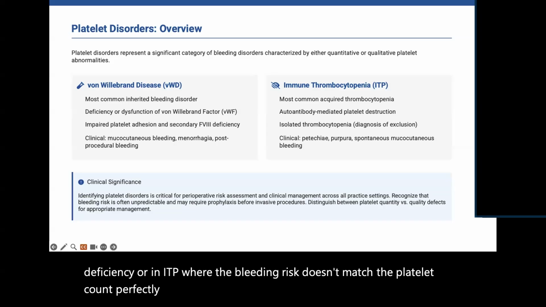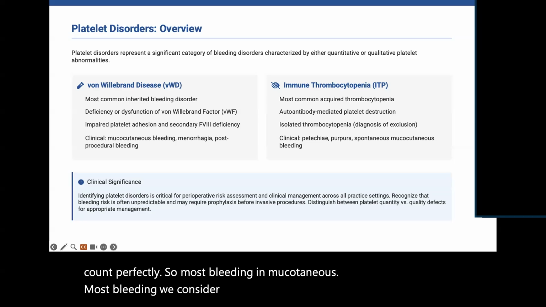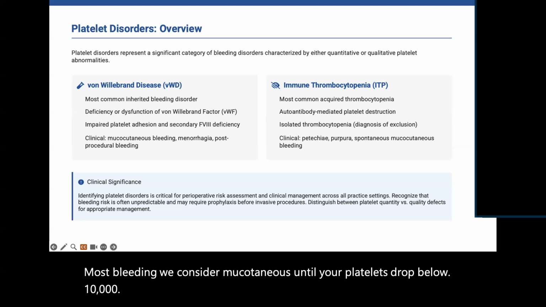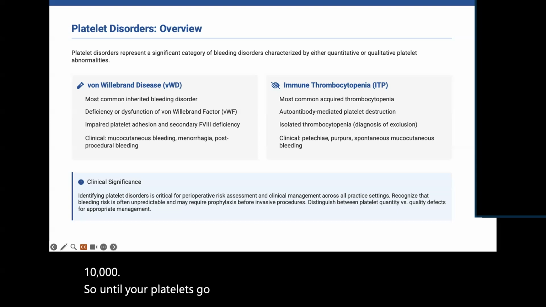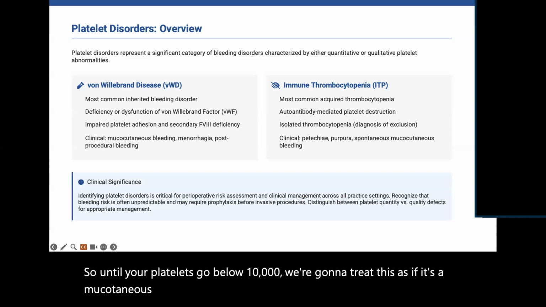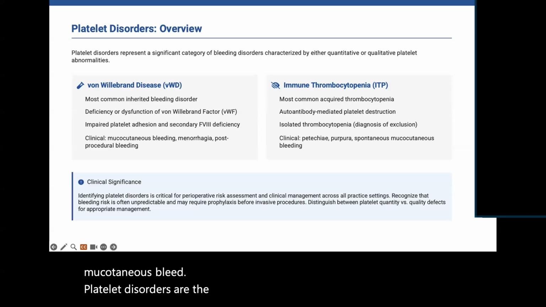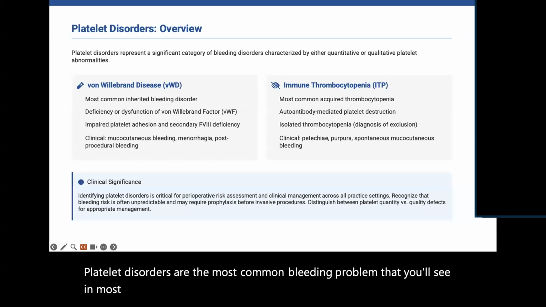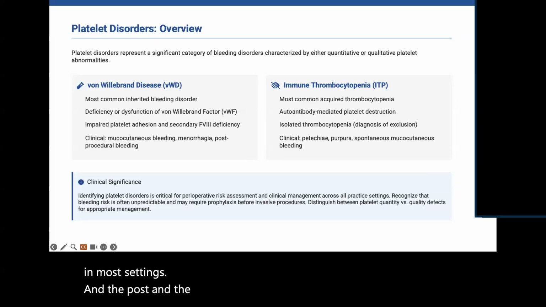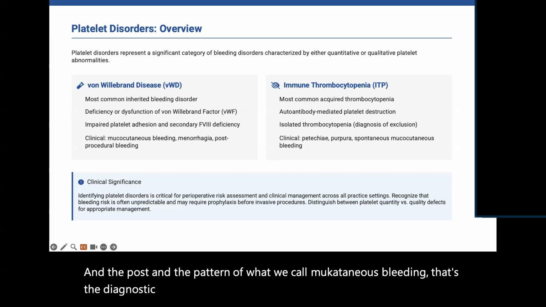So we consider most bleeding mucocutaneous until your platelets drop below 10,000. So until your platelets go below 10,000, we're going to treat this as if it's a mucocutaneous bleed. Platelet disorders are the most common bleeding problem that you'll see in most settings, and the pattern of what we call mucocutaneous bleeding, that's the diagnostic clue.